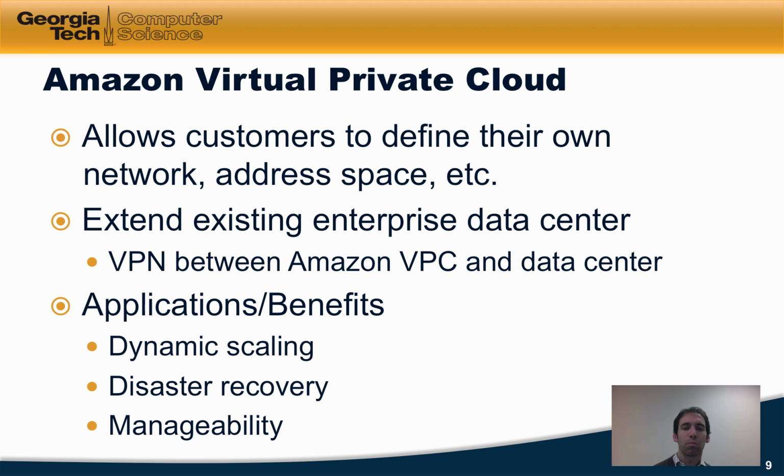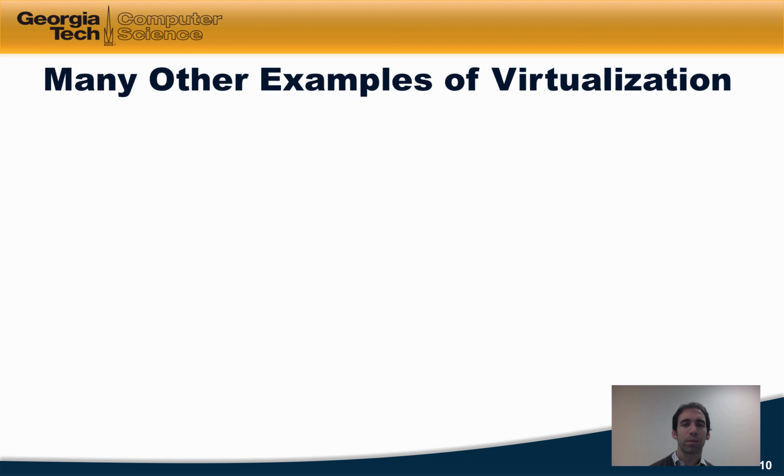There are various additional benefits and applications to this type of virtual networking application, including the ability to, for example, potentially recover from a disaster, or outsource the management of some of your network resources to a third party. There are many other examples of network virtualization.